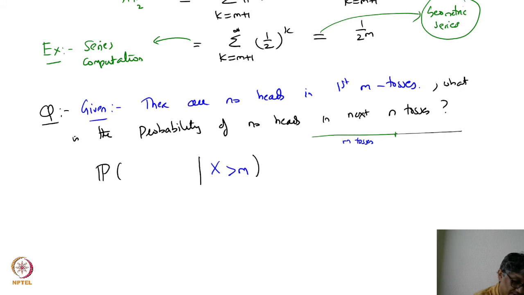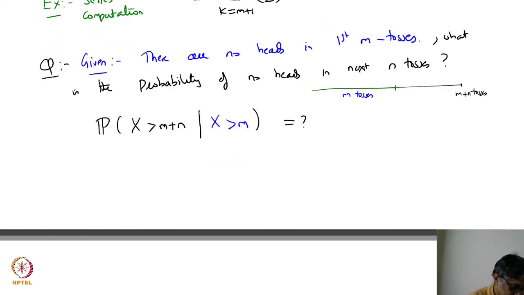Another n means I go up to m plus n tosses. So I want no heads in m plus n as well. So I want to understand the chance that x is bigger than m plus n, given that x is bigger than m.